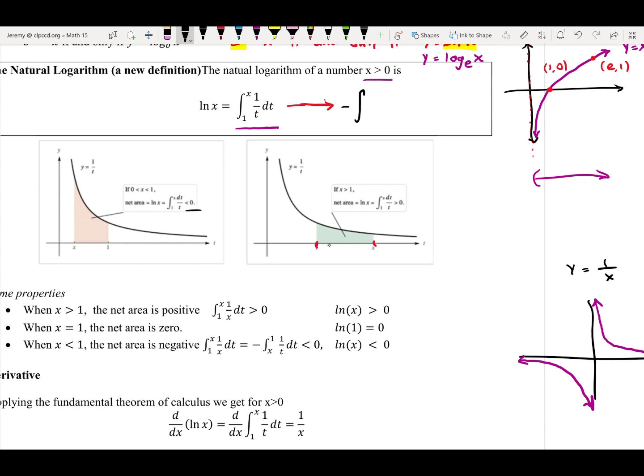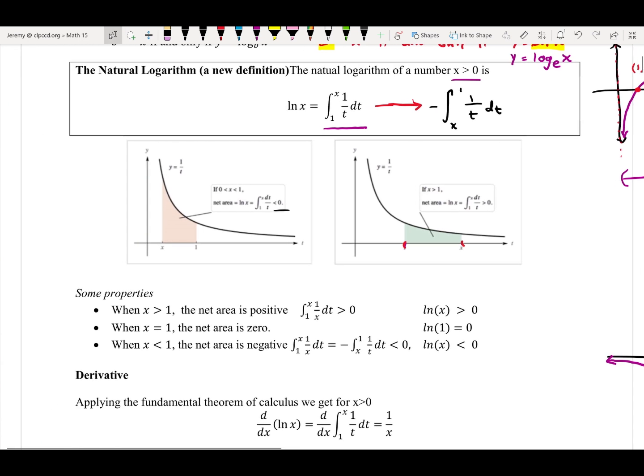Negative 1 times the integral of x to 1 of 1 over t dt. This is a property of definite integrals. If we switch the limits of integration, it introduces a negative sign. So it flips the sign of the integral. So if we do this, because x is smaller than 1, we're going to end up with a negative output.